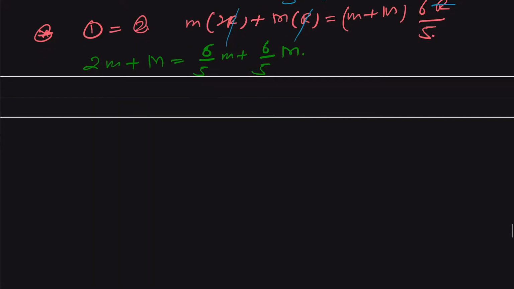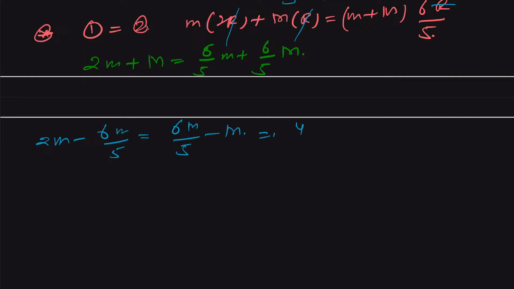And now it is quite simple. We simply combine the similar terms. We get 2m minus 6m upon 5 is equal to 6M upon 5 minus M. And this gives us 10 minus 6 is 4.